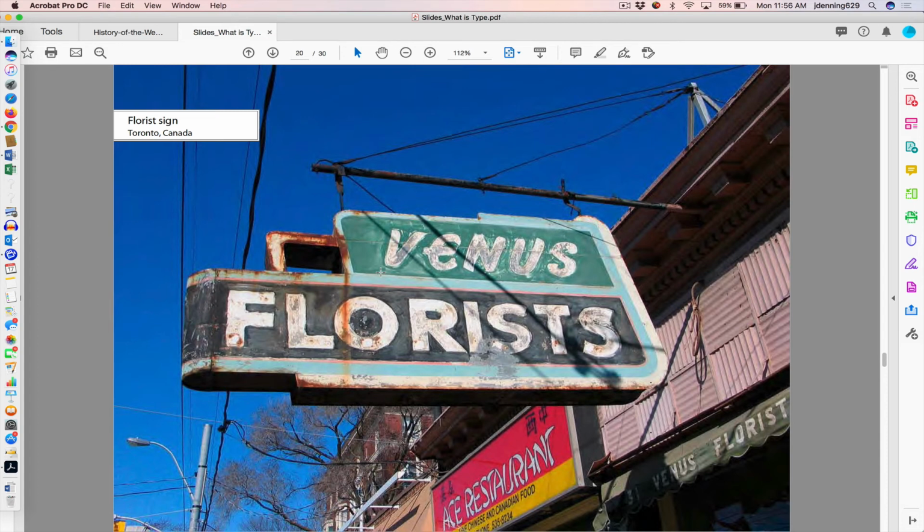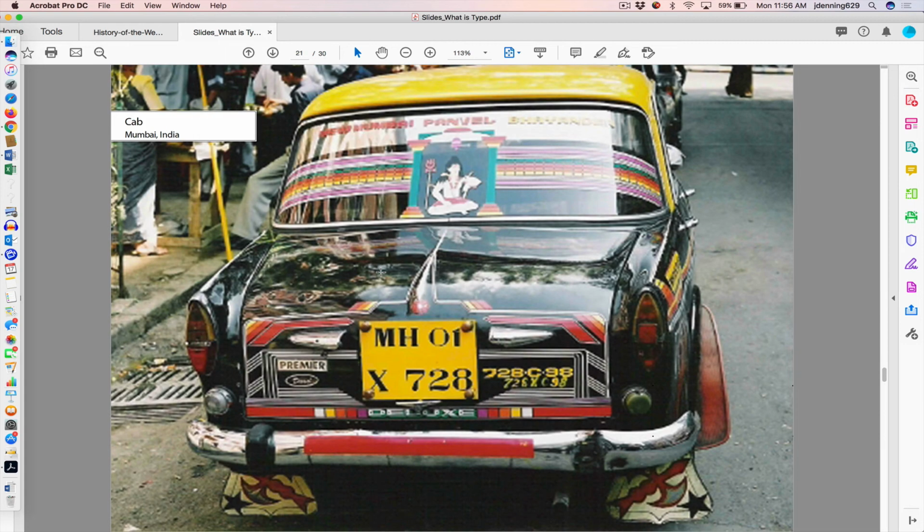And so we're just going to look at a few signs here. So type is everywhere, and there's all different types of letter forms and types of design. And some of it really beautiful. Some of it helps us create clarity in our lives. Sometimes it creates discord or even chaos.